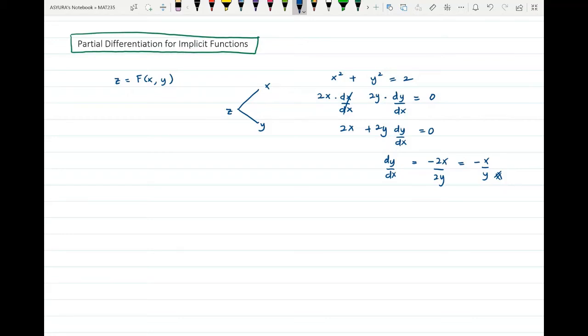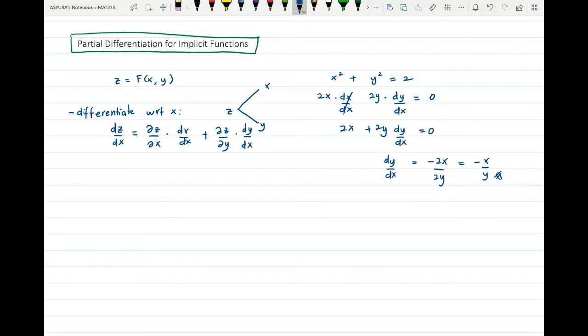To differentiate with respect to x, dz/dx will be equal to partial dz/dx times dx/dx plus partial dz/dy times dy/dx.